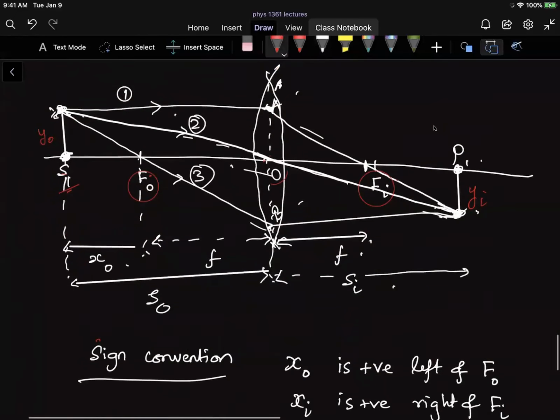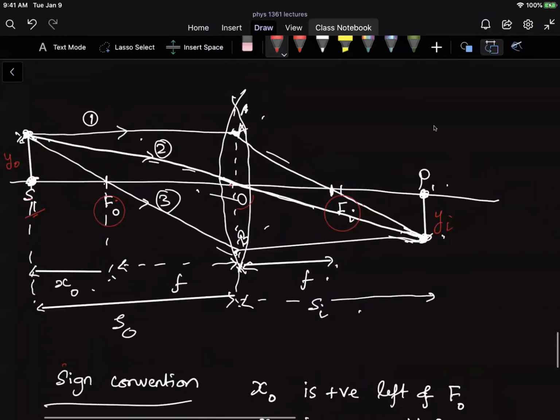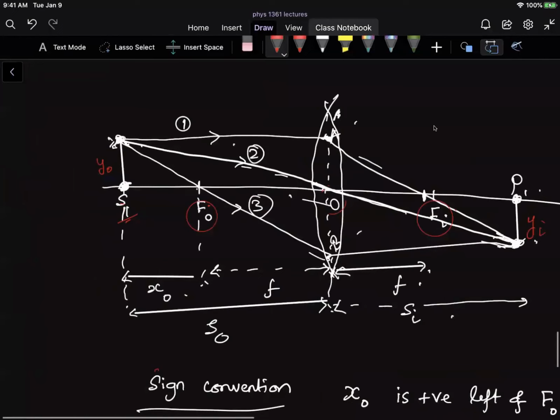And to solve that, we just need to look at these triangles which are over here. So I will draw your attention first to the triangle AOFI. And by the way, let me also give some labels to these points. So this is S1, which is right on the axis.